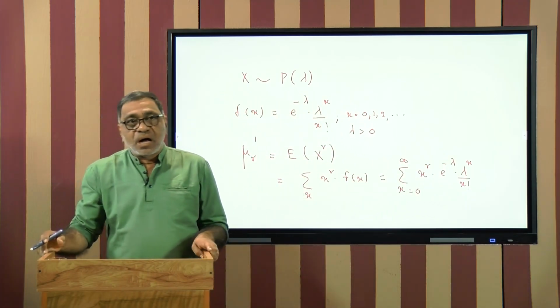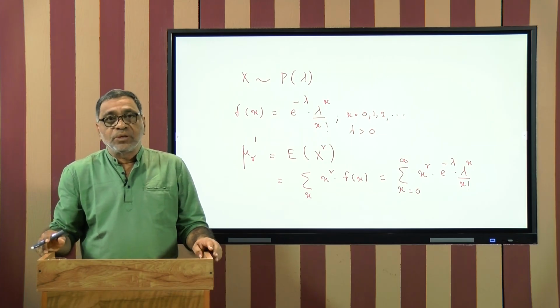So, this is the rth arbitrary moment of the Poisson random variable.